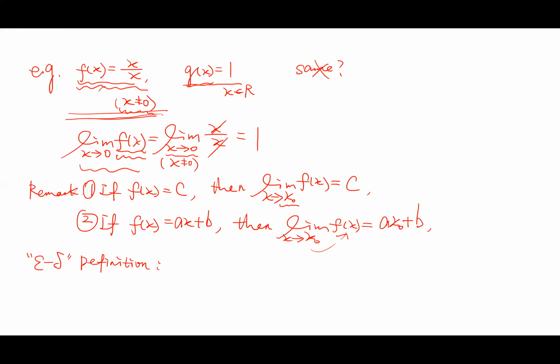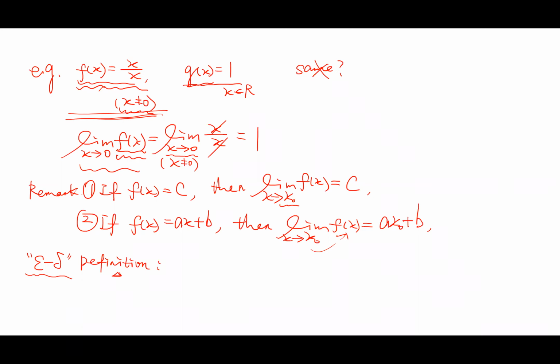Epsilon delta definition. That is the precise definition of the limit, and we always use it to prove that the limit exists. For our students now, we always do calculating of limits, so you just know this definition, that is all, and try to understand it.